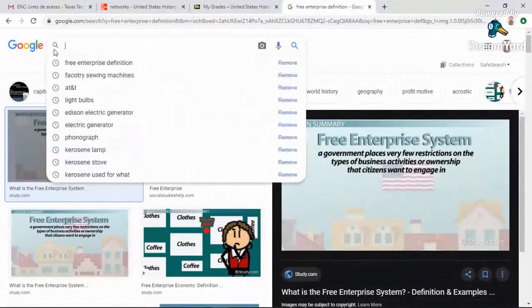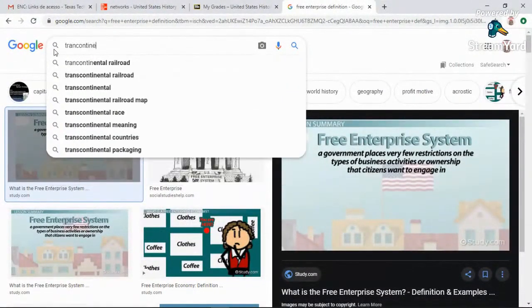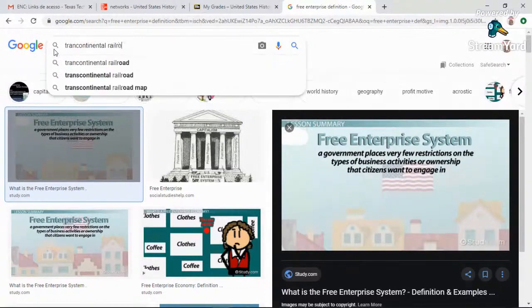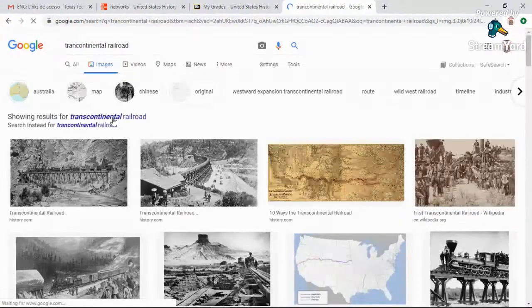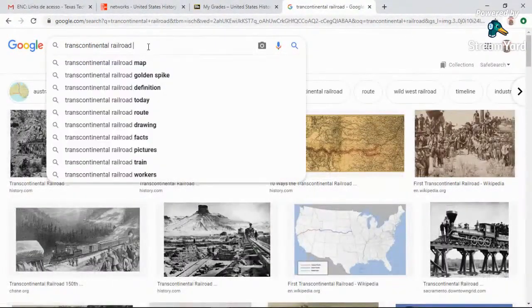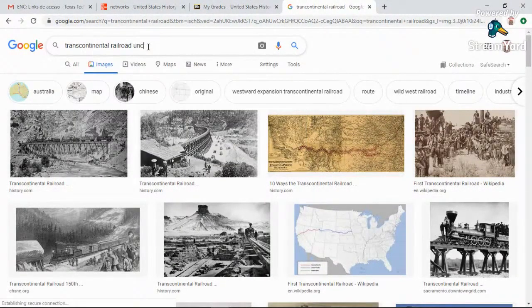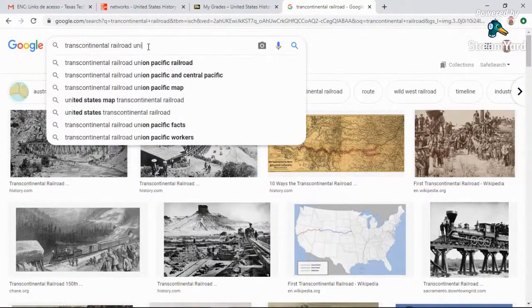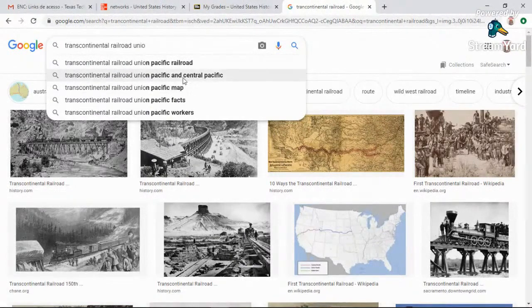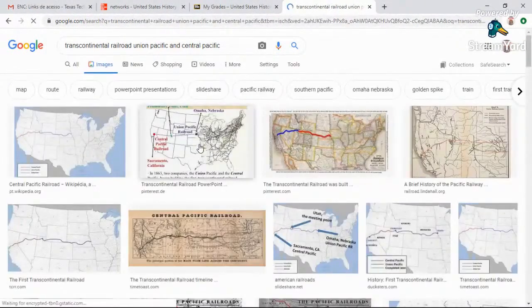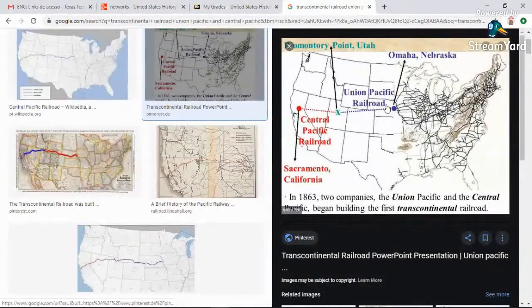Okay, so if you go here, Transcontinental Railroad, and you have the Union Pacific and Central Pacific. These are the two main railroads, and you can see there where they go.